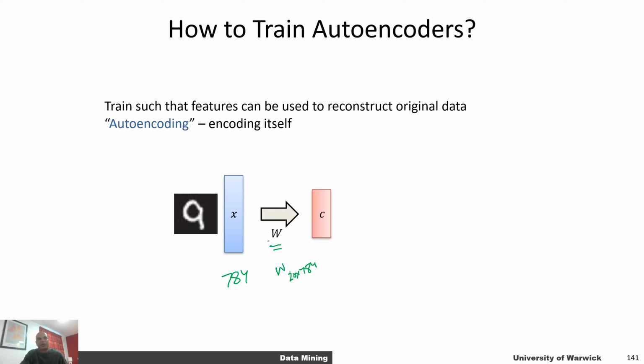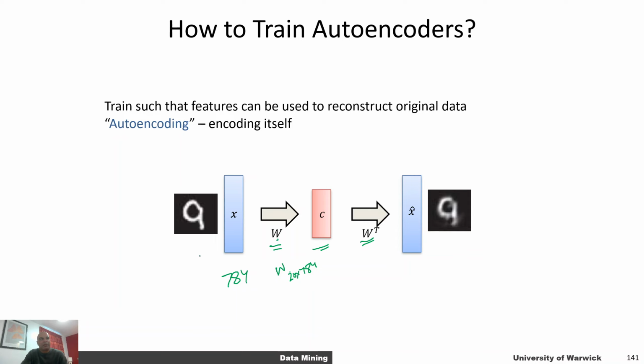When you take a dot product of W and X, you end up with a code vector which is now lower dimensional in comparison to your input. And you can use the transpose of the same matrix to reconstruct the same image.